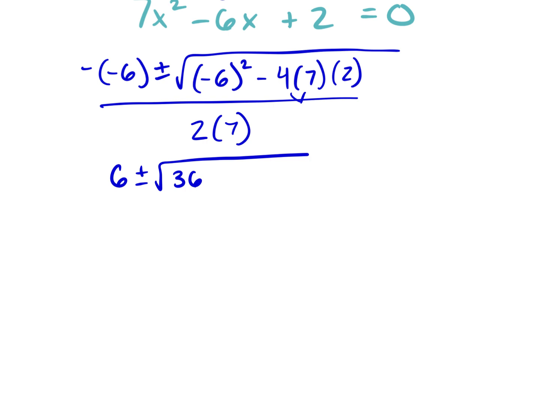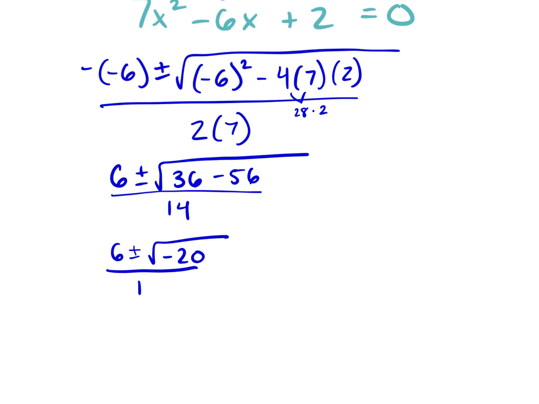4 times 7 is 28, and 28 times 2, 56, so minus 56 over 14. So 6 plus or minus the square root of negative 20 over 14.